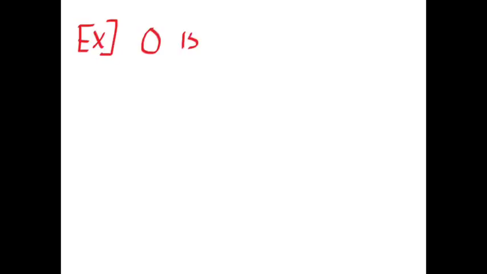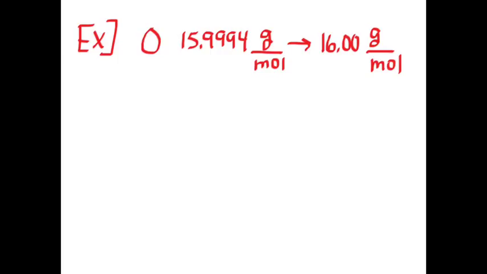Here are some examples of how we got those numbers. If you look at your periodic table, you will see that oxygen is 15.9994 grams per mole, but I want you to use it to the hundredths place. So you need to round to the hundredths. That's the 9 with the line under it. You have to look to the digit to the right, which is also a 9, which is going to round things up until you get 16.00 grams per mole.